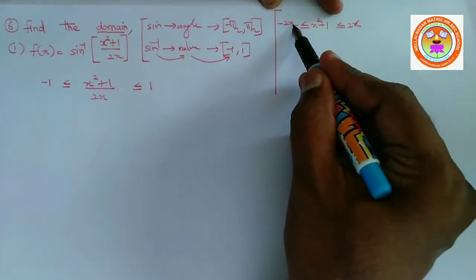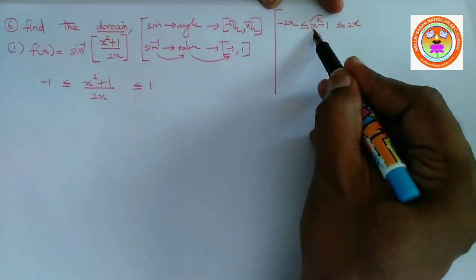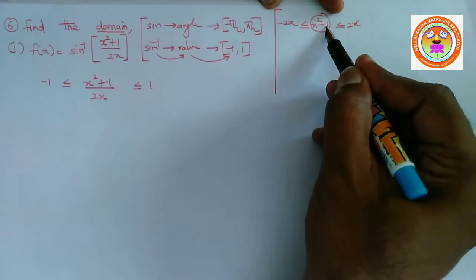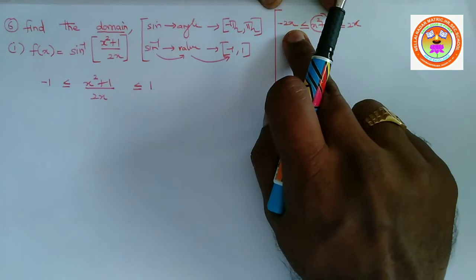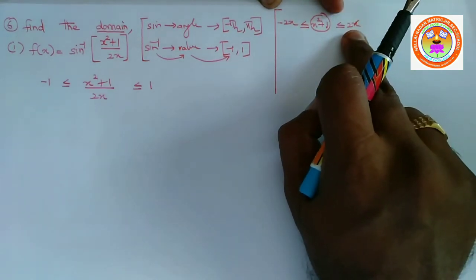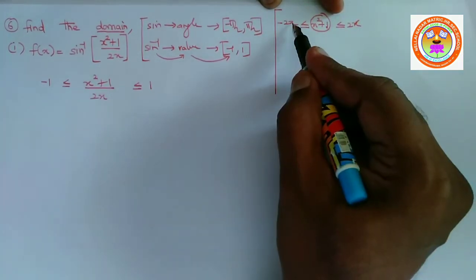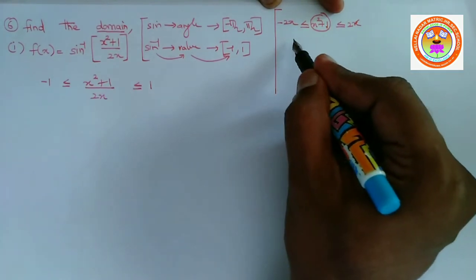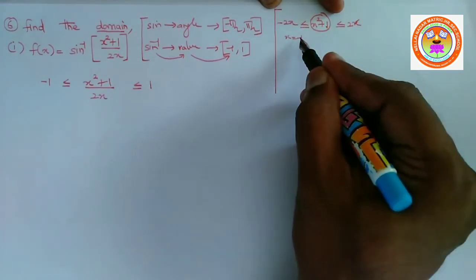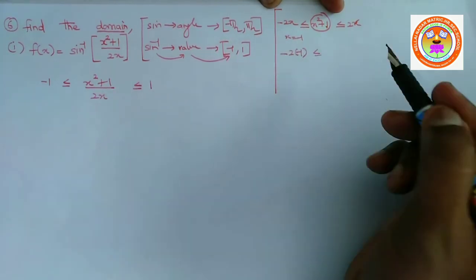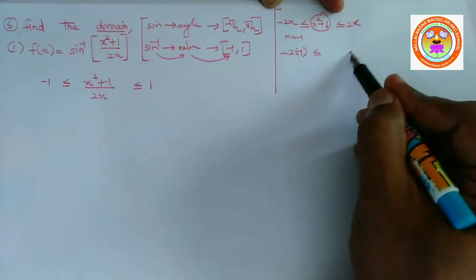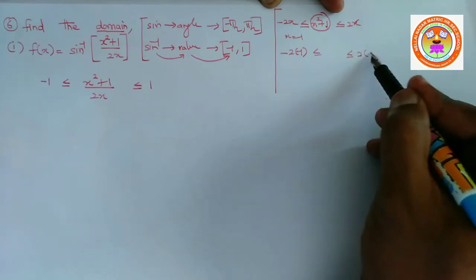This x square plus 1 value should be greater or equal to minus 2x but less than or equal to 2x. Suppose this x value is minus 1. Applying, minus 2 into minus 1 less than or equal to 2 into plus 1.